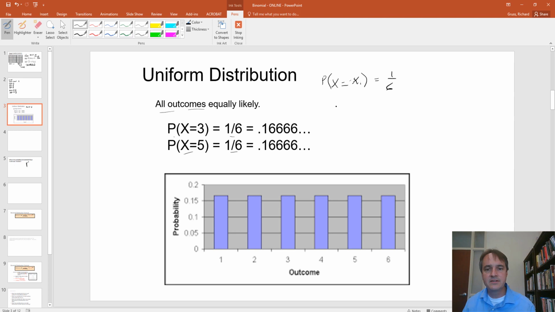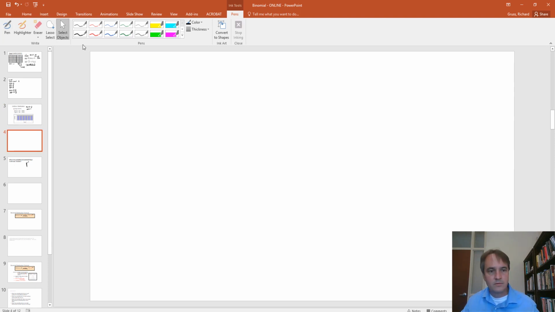Okay, so what about the expected value? What's the expected value of a uniform distribution? This is something that we've already calculated. Last time we said that what we would expect over the long haul would be the average.